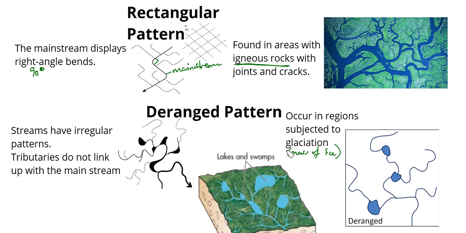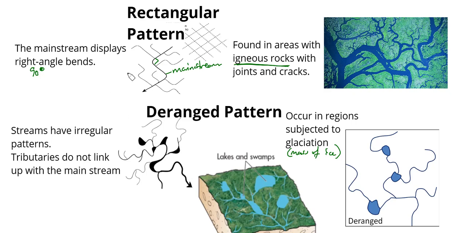That's what is happening here, and it occurs in regions subjected to glaciers. A glacier is a mass of ice that moves slowly down the mountain, and with time it melts and forms these small lakes, and then it continues again like that. That's what we are talking about here.